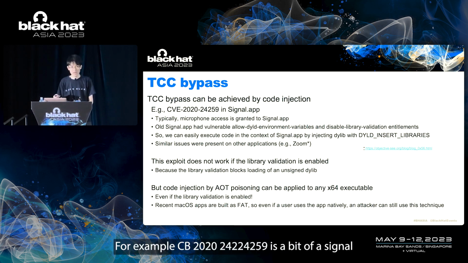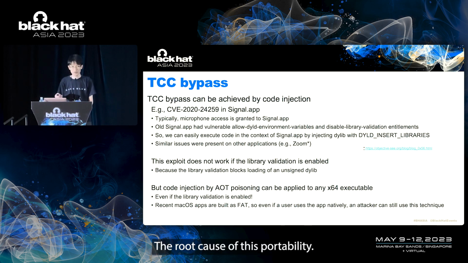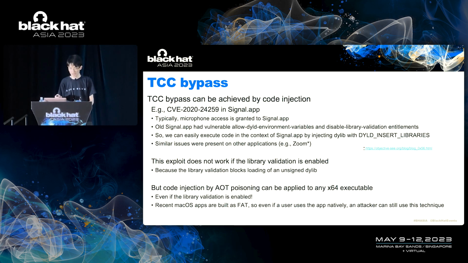For example, CVE-2020-24259 is a vulnerability of Signal that enables an attacker to access the microphone without a TCC pop-up. The root cause of this vulnerability is that Signal had the vulnerable entitlements: allow DYLD environment variable and disable library validation.